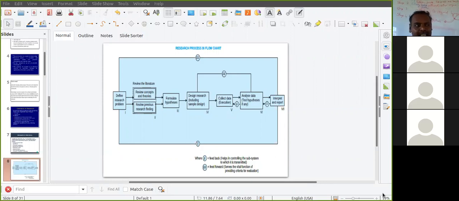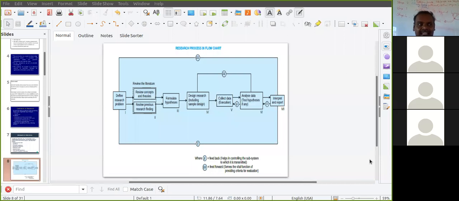Once you set the research design, then you are going to do the collection of data. The collection of data also has different types. The most commonly used types are descriptive and analytical, especially in applied research, where you do a descriptive study as well as an analytical study.